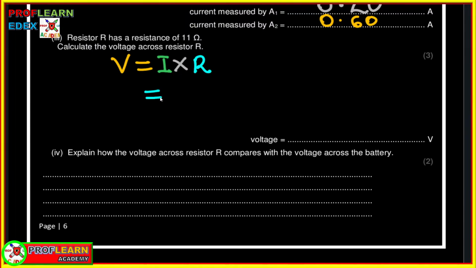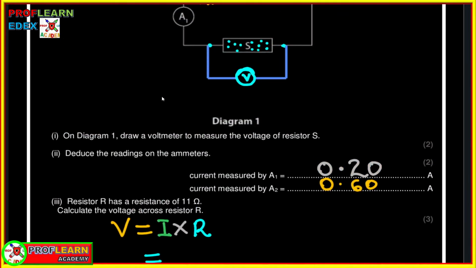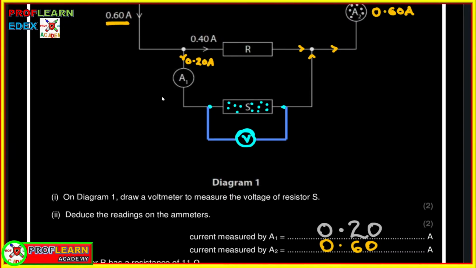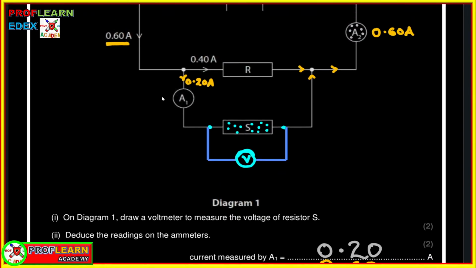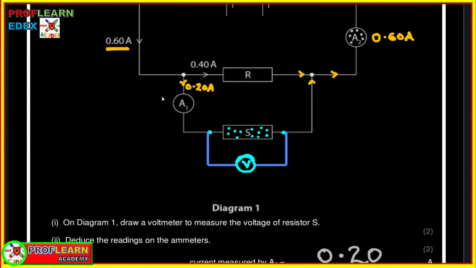For us to work out the voltage at R, we need to know the resistance and the current at that given point, right?